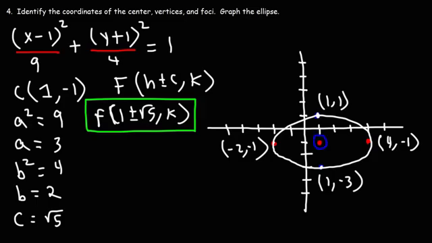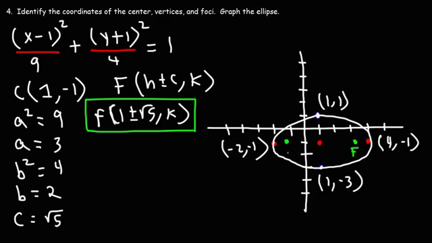So starting from the center, we would have to travel c units to the right. The square root of 5 is like 2.2 something, 2.236. So going a little bit more than 2 to the right would take us somewhere to this point, and a little bit more than 2 to the left would take us to that point.